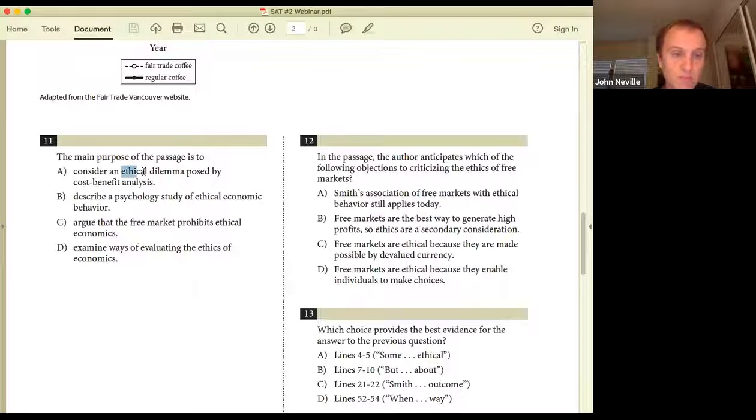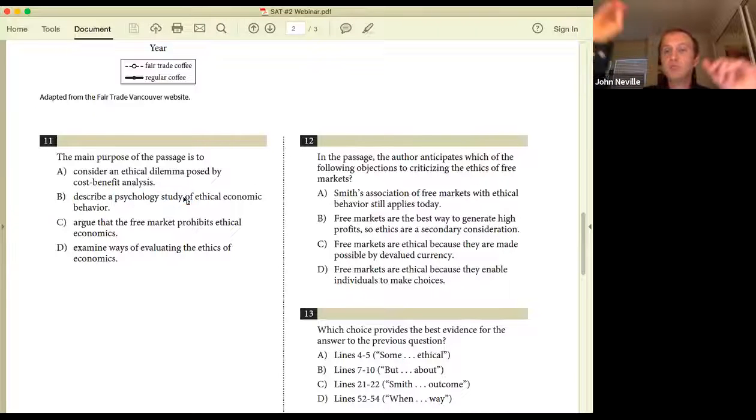In this case, there are 3 parts. So here there's an ethical dilemma, a psychological study, argue that the free market, or evaluating the ethics, right? So that is another aspect of the answer choices that you can compare. If there's no ethical dilemma in the passage, then you can get rid of that answer choice. If there's no psychological study, then you can get rid of that answer.